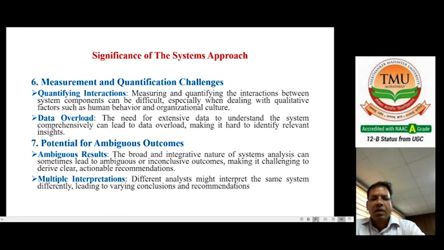Data overload: the need for extensive data to understand the system comprehensively can lead to data overload, making it hard to identify relevant insights. Potential for ambiguous results: the broad and interactive nature of system analysis can sometimes lead to ambiguous or inconclusive outcomes, making it challenging to draw clear, actionable recommendations.